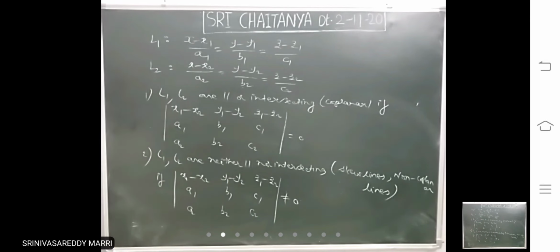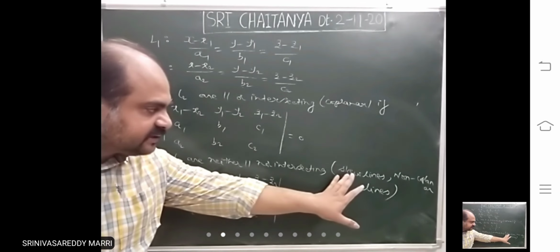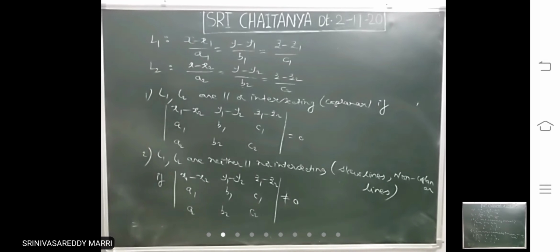If you calculate this determinant and it is 0, then they are called parallel, intersecting or coplanar lines. If they are neither parallel nor intersecting, that means skew lines or non-coplanar lines. Then the determinant is not equal to 0.